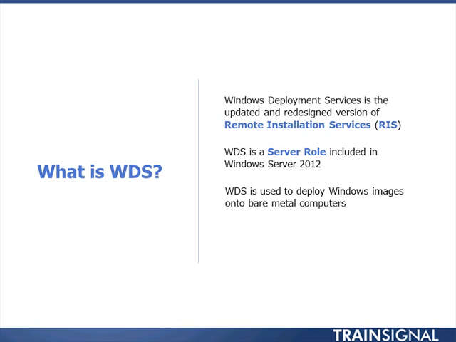With the release of Windows Server 2008, RIS got updated and redesigned and was then called Windows Deployment Services. And we still have those same Windows Deployment Services in Windows Server 2012.